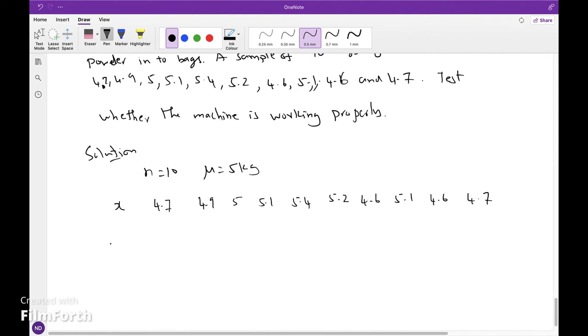So we need to find out x squared. 4.7 whole square, use calculator, 22.09, 24.01, 5 is 25, this is 26.01, 29.16, 27.04, 21.16, 26.01, 21.16 and 22.09.